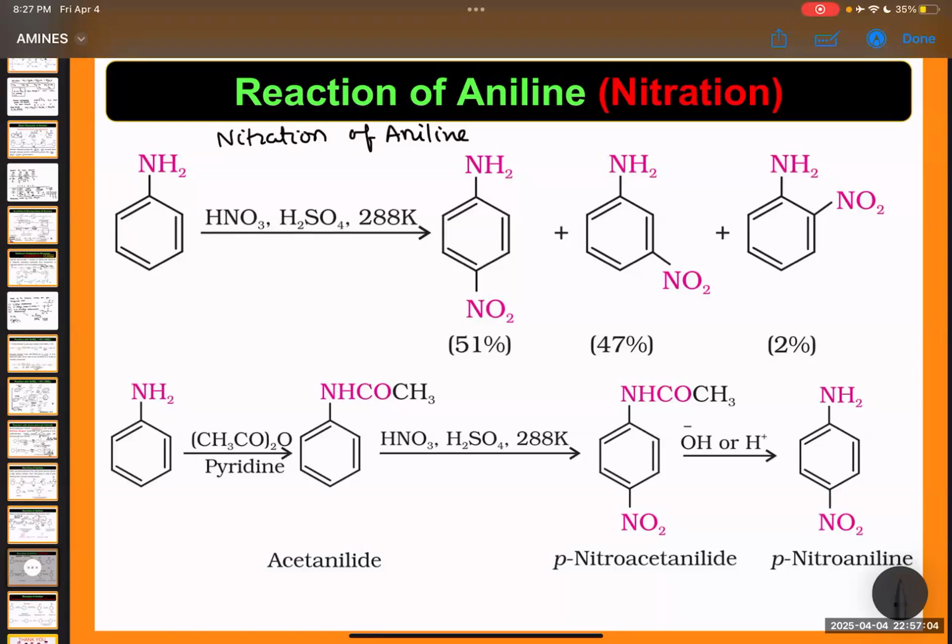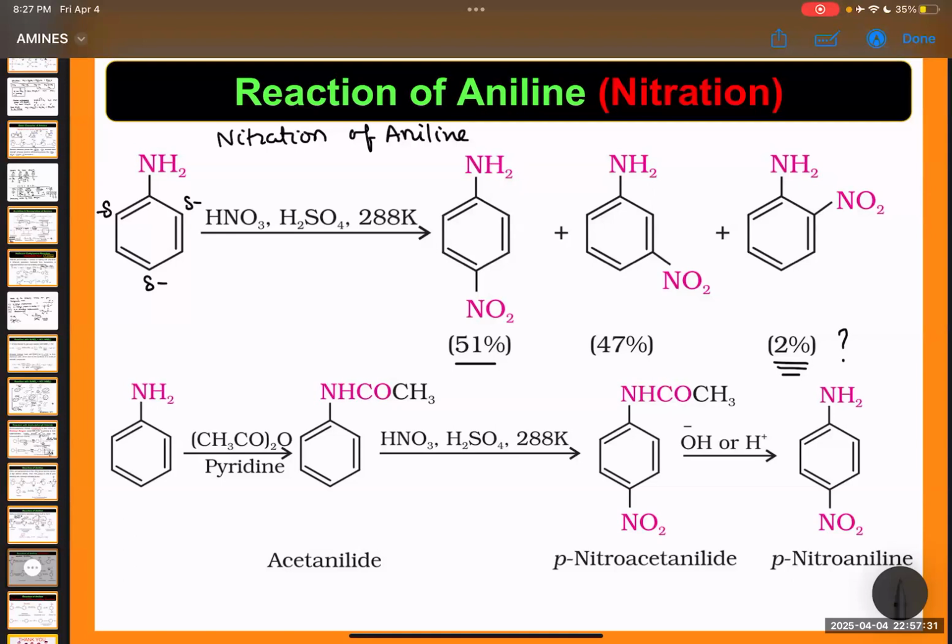Because aniline is highly electron rich, you expect the NO2 group to get attached to the ortho and para positions. You get the para position, because NO2 is a larger group, so it prefers to join at the para position, 51% para. Ortho is very less.